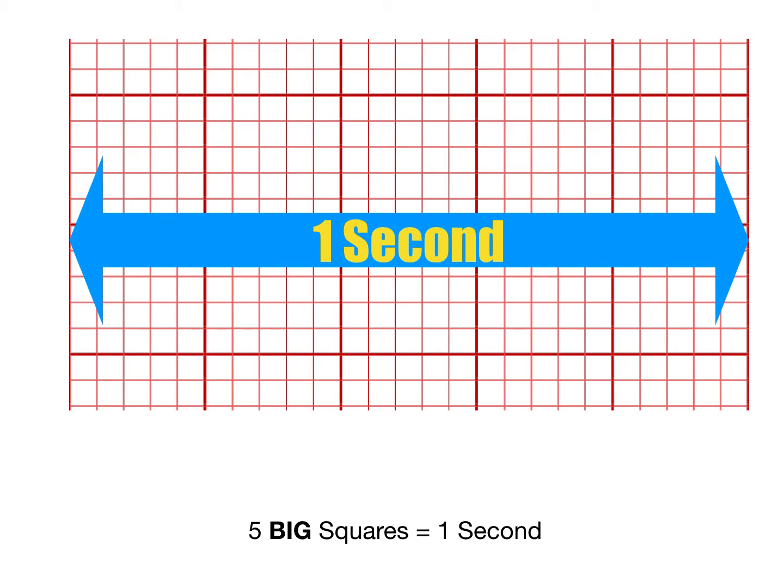And this will come in handy when we learn about the time that it takes to depolarize, or if we want to know the time that a pause occurred, or the heart rate. So learn this basic stuff; if you nail this down, it will be easier for you when you start to read the electrocardiogram.